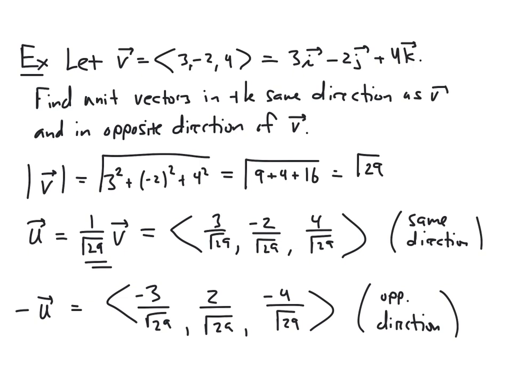As an added bonus for an example like this, what we've done also allows us to write our vector v that we started with in a really nice, useful form. For example, I can take v, leave a space here for now, and write down the unit vector that we just came up with that is in the same direction as v.